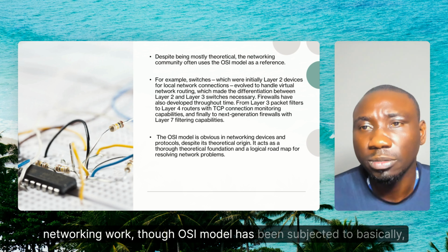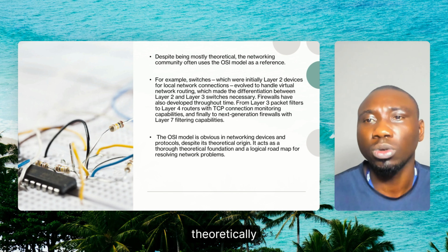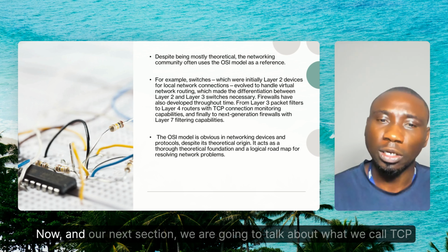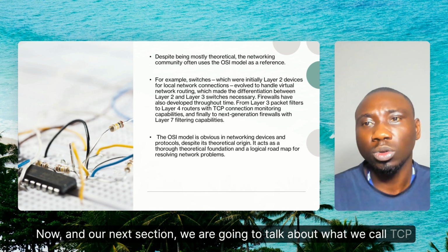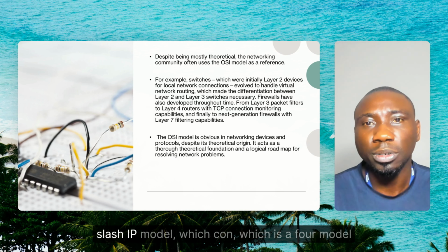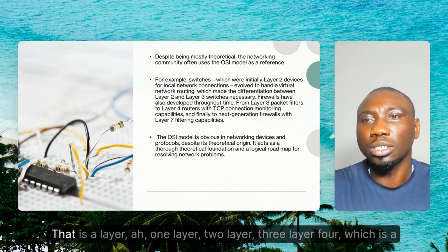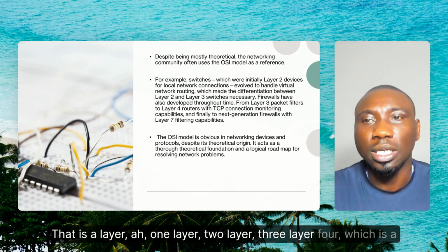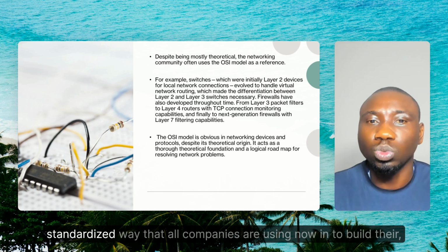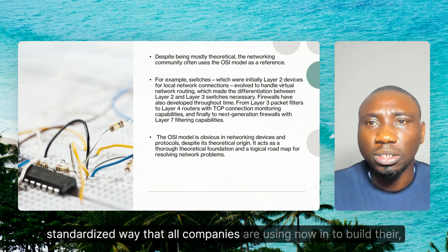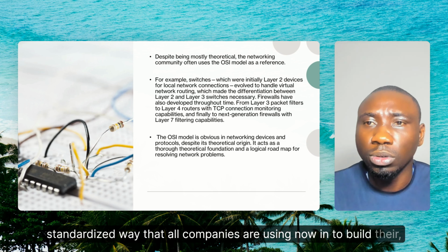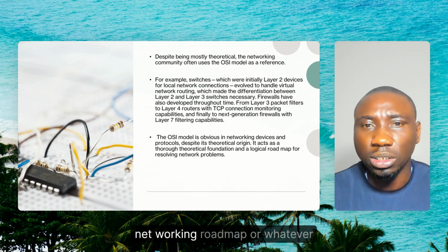Though the OSI model is now mostly theoretical, in our next section we are going to talk about what we call the TCP/IP model, which is a four-layer model, a standardized way that all companies are using now to build their networking roadmap.